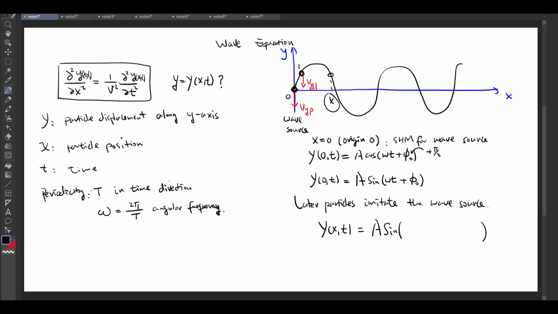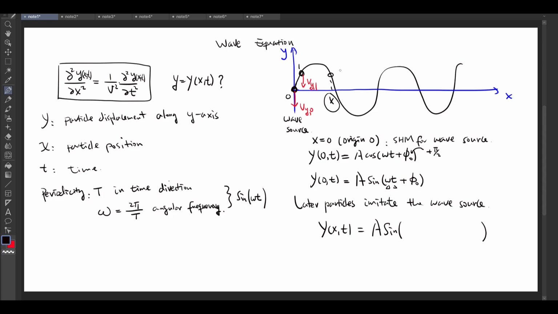And then the effect of time is captured by multiplying omega with t. So we capture the contribution of time in the sine function by sine of omega t.